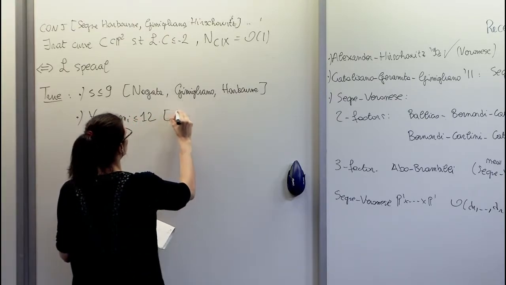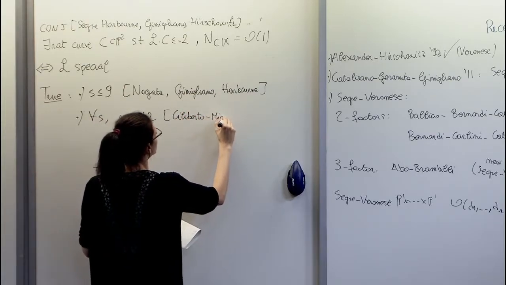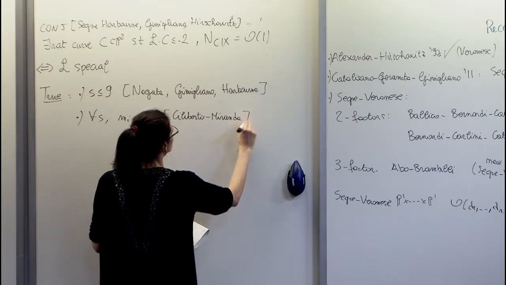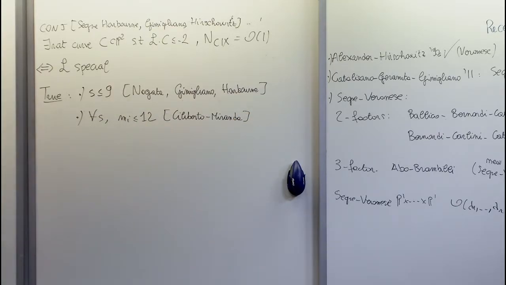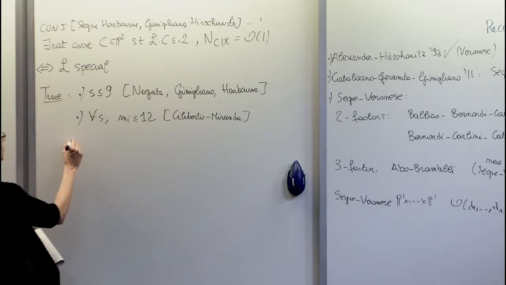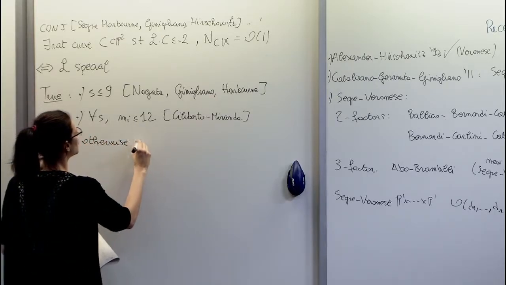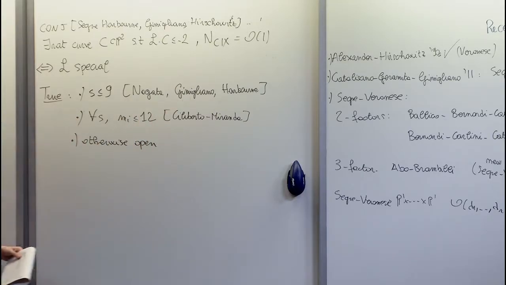This was proved more recently by Ciliberto and Miranda, using a very complicated degeneration argument, to prove that this conjecture is true up to multiplicity 12. Otherwise, it's open. But of course, one can use Macaulay2 and find some nice examples where the conjecture is true.